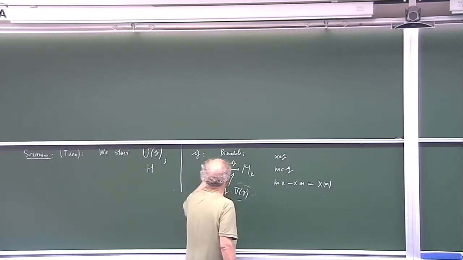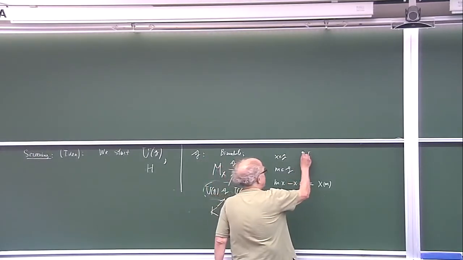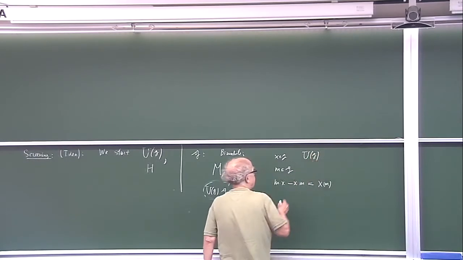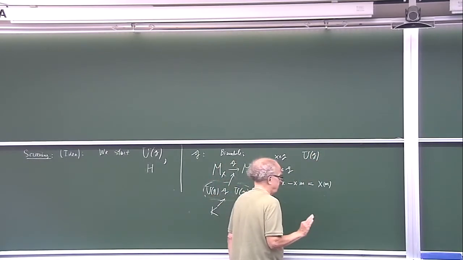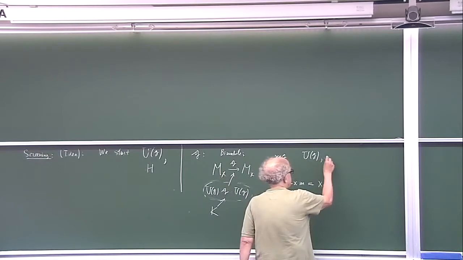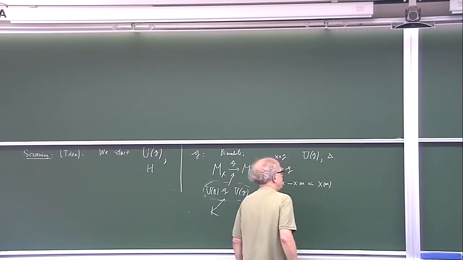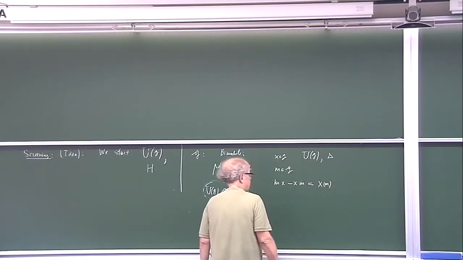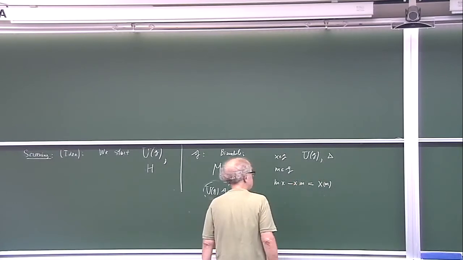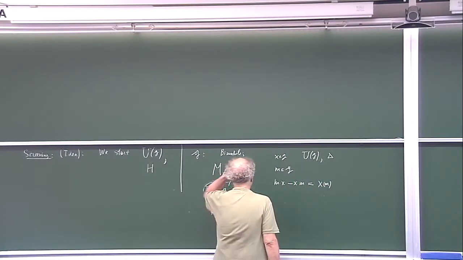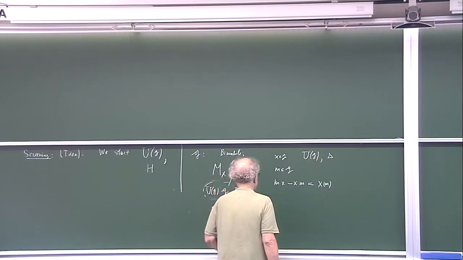And in the universal enveloping algebra of G, we have a center, but for our purposes the Casimir is enough. The Casimir, as a special element of the center, acts on this representation by some number.